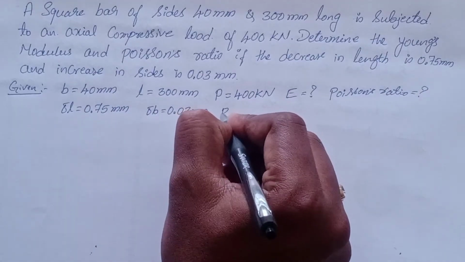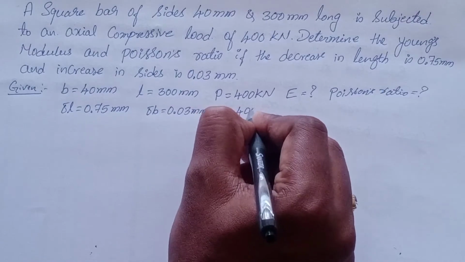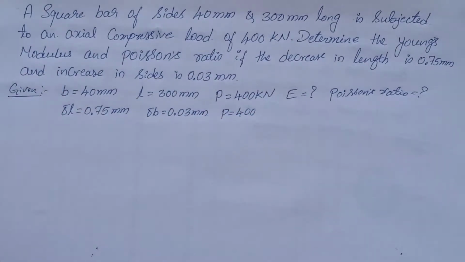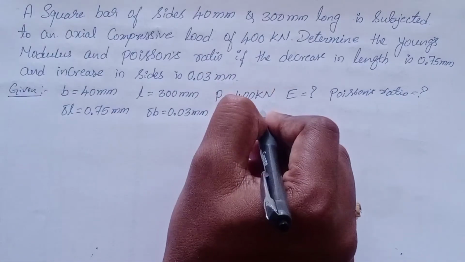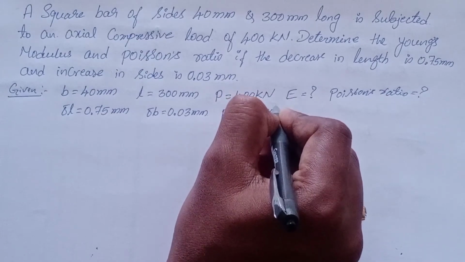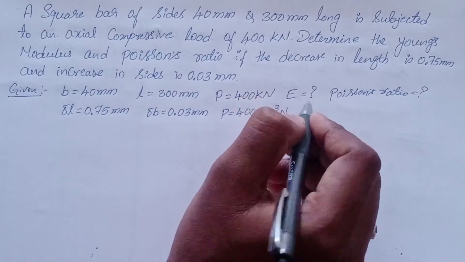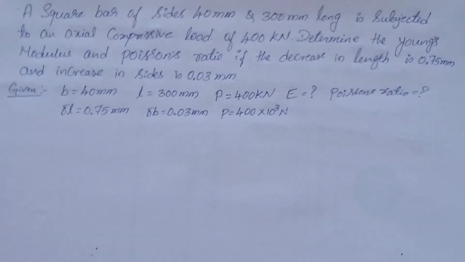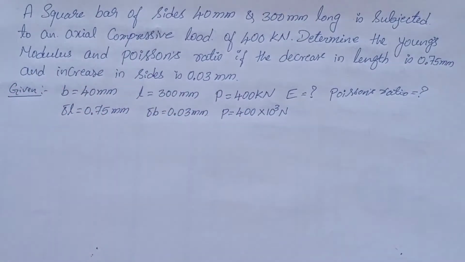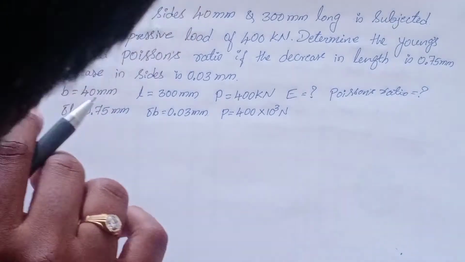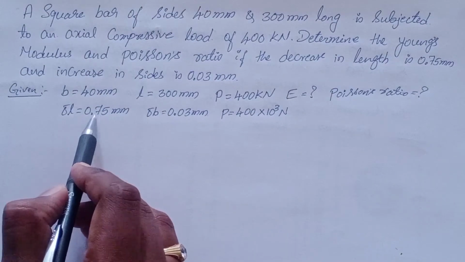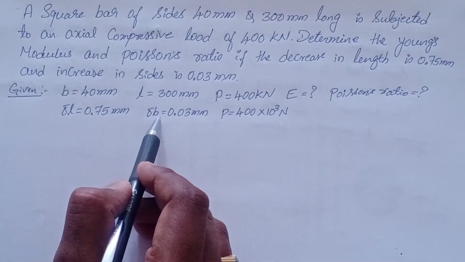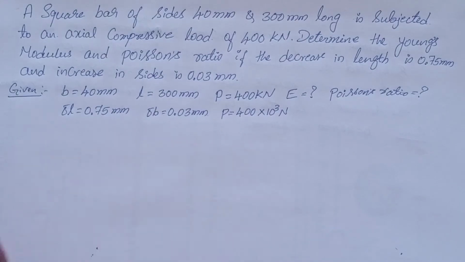So P is equal to 400 into 10 to the power of 3 Newton, since kilo is written as 10 to the power of 3. Delta L and delta B are also in mm.